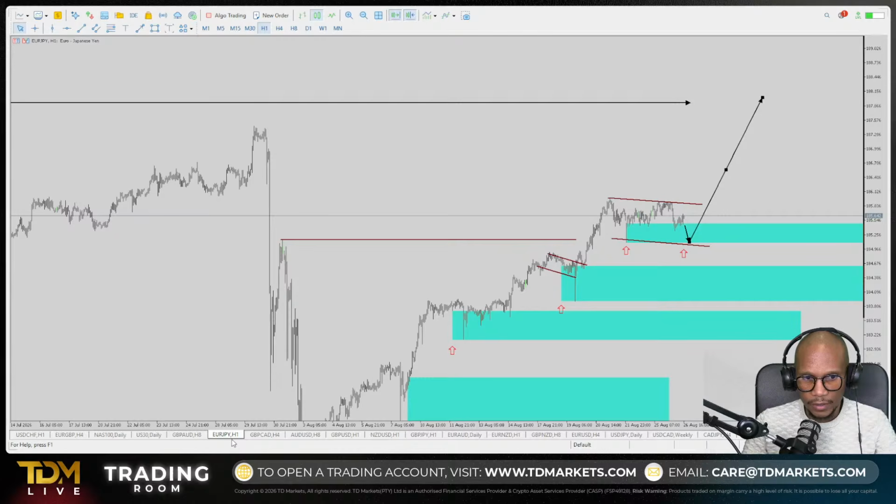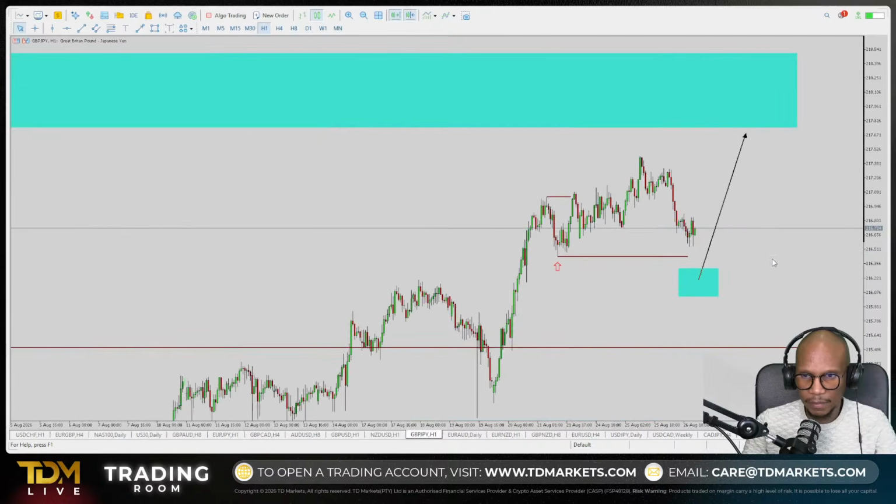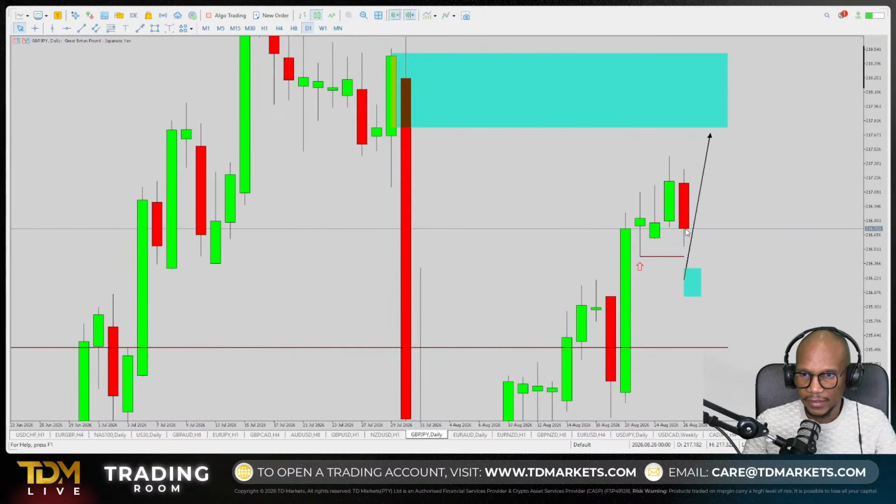All right. So Euro JPY is still the same. Pound JPY, let's give this one a day, maybe 2 days. Right. We're waiting for it to come back down to the zone. So we will look at GBP JPY on Friday. Yeah, I think by Friday we should be getting something solid.